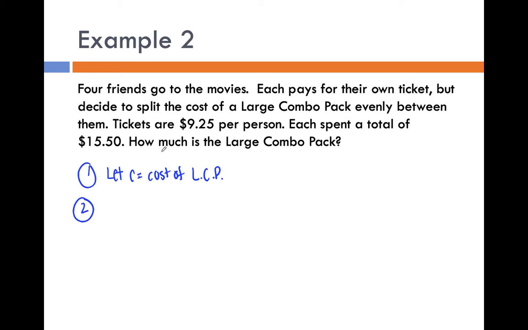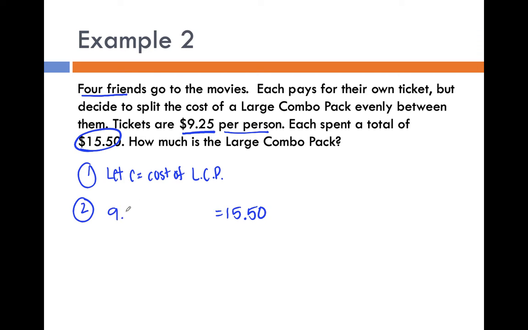Step 2 is to write our equation. So we know that the total spent for each person is $15.50. So that's our total per person. We also know that they spent $9.25 per person individually on their tickets. And since this is talking about 4 friends, they each spent a fourth of the large combo pack because they split it evenly.